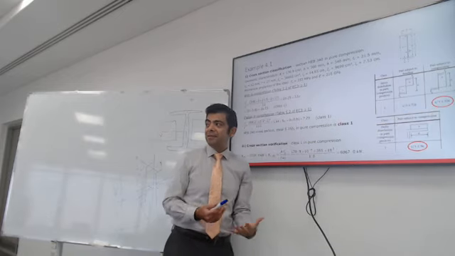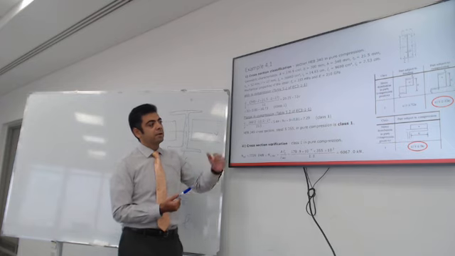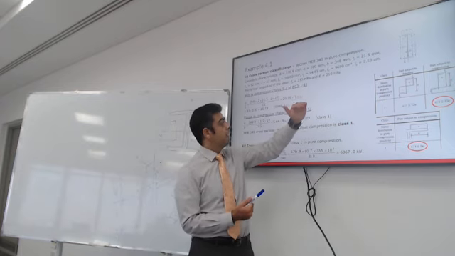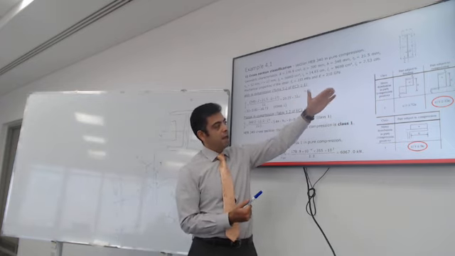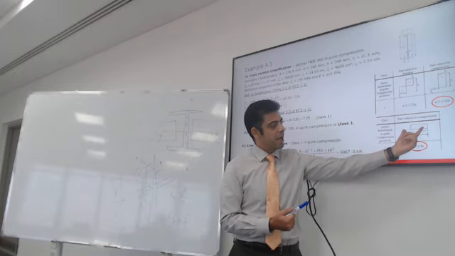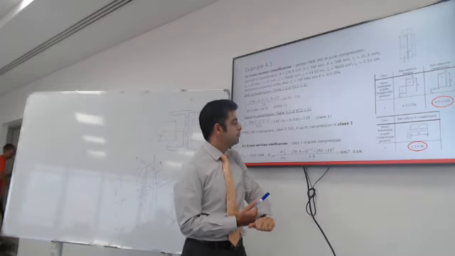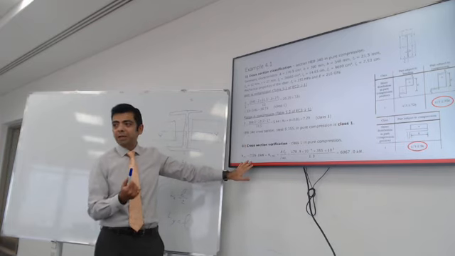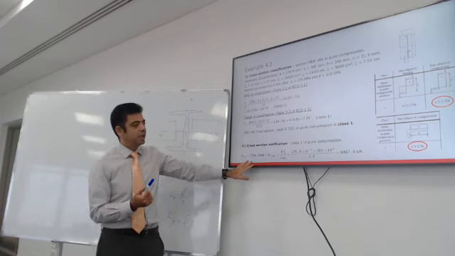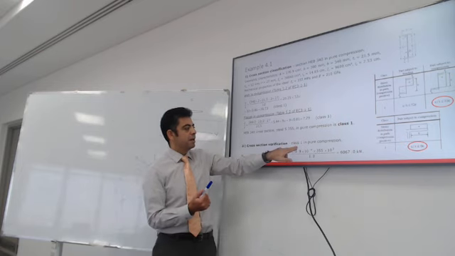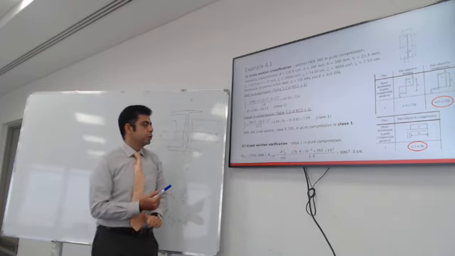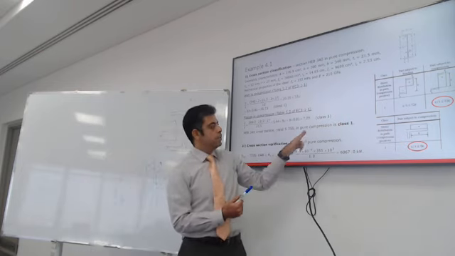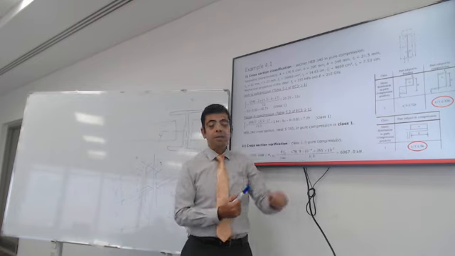If it's less, that means it's class 1. So let's check the flange and then the web. This is the flange, this is the web. This is what we did in the first week: section classification. We'll figure out that it is class 1. So in pure compression, the section is class 1. This is a good sign.